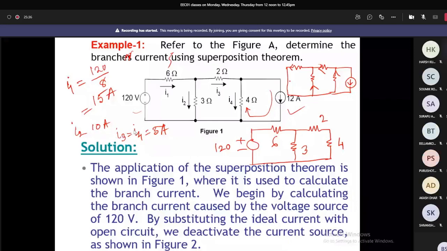So it will be 3. So I3 and I4 will be 3 ampere. But the negative sign we have to take care of only when we are taking the current source alone. It is minus 3 ampere, right? And the other branch is 2 by 8 and 6 by 8, so it will be 3 by 4, isn't it?